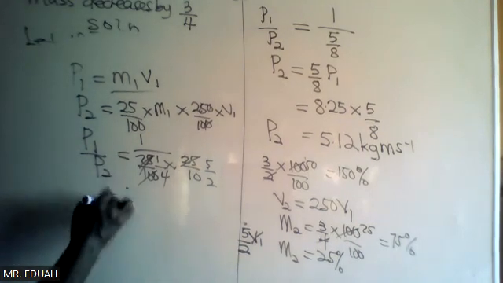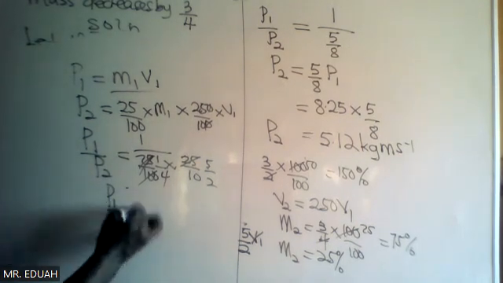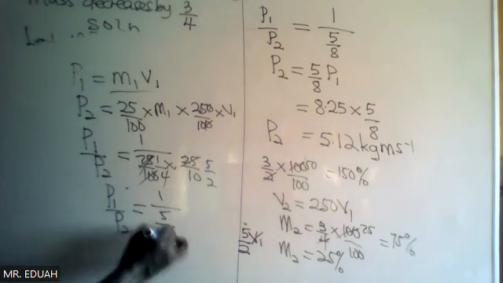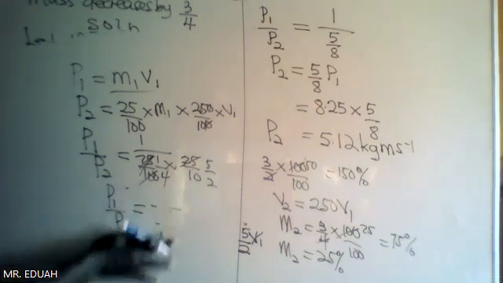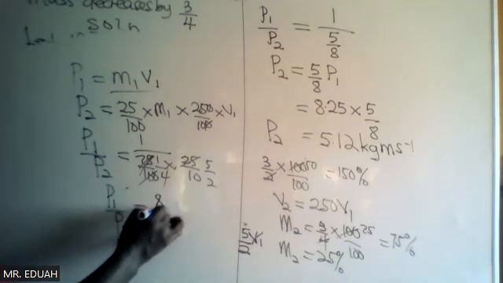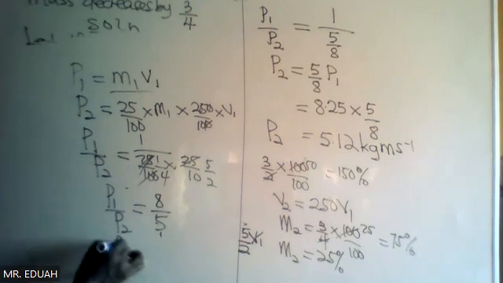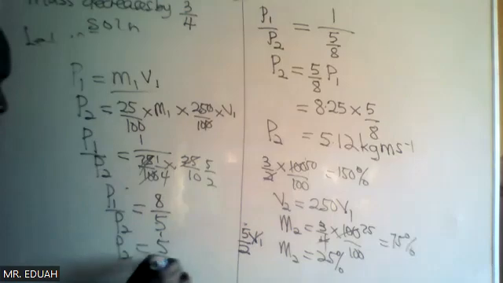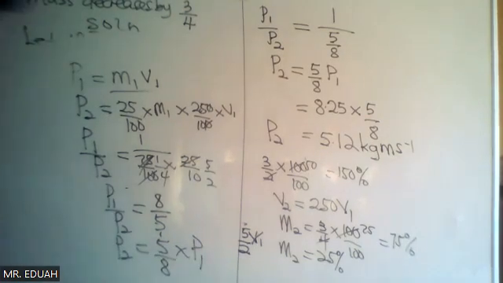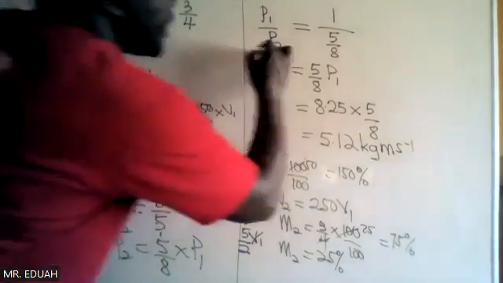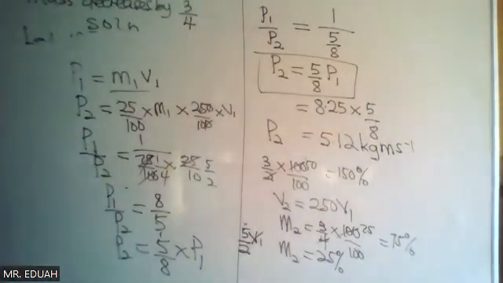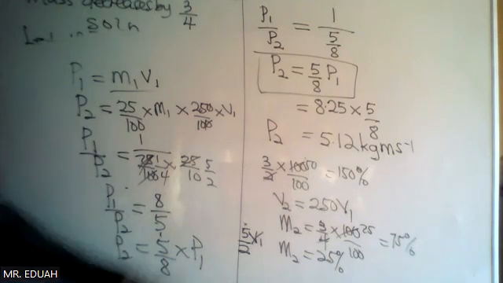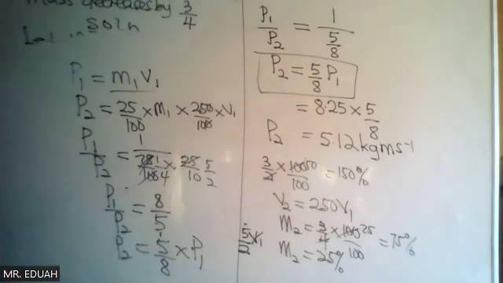So P1 on P2 is 1 on 5 on 8, which is 8 on 5. Therefore, P2 would be equal to 5 on 8 times P1. And it brings us back to this point. So whichever way you look at it, whether fraction or percentage, you get the same value.